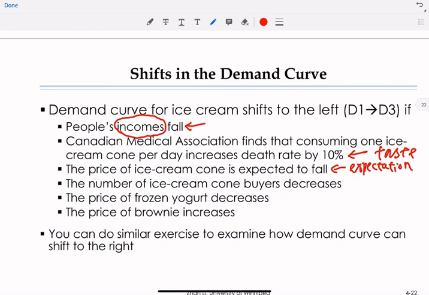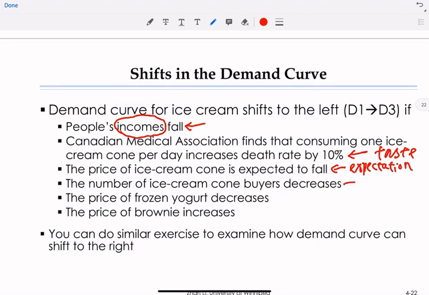What would you want to do? It's possible that you will buy fewer ice cream cones, right? Because you expect in the future ice cream cones will be cheaper, right? So you could wait and you will reduce today's consumption. So again, in this case, demand for ice cream would shift to the left.